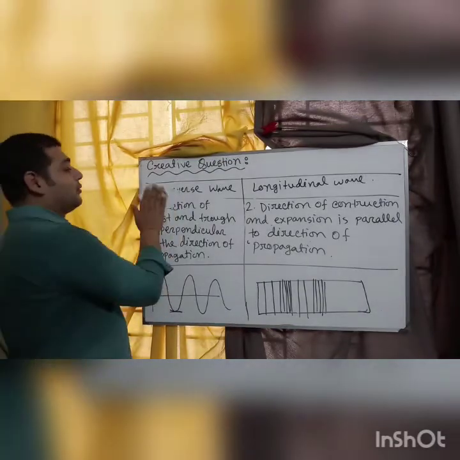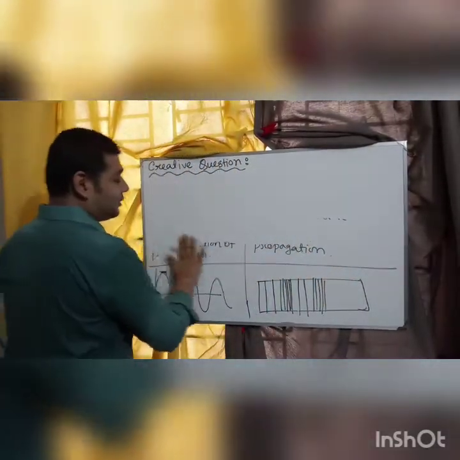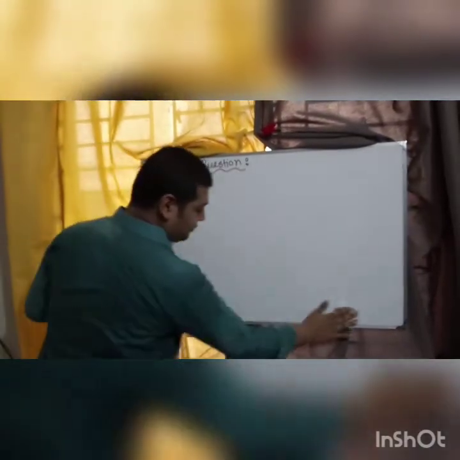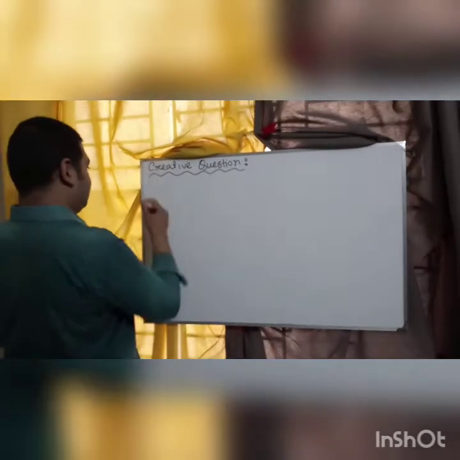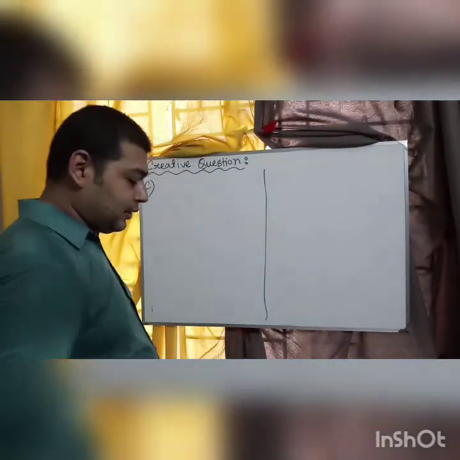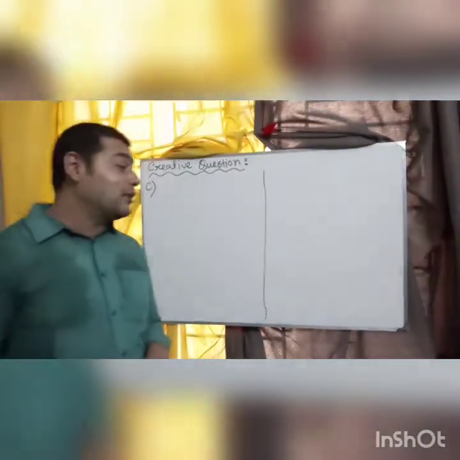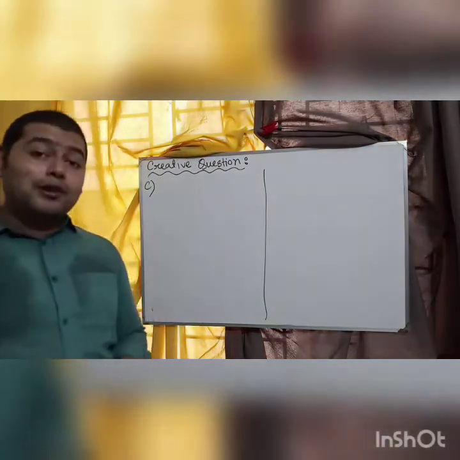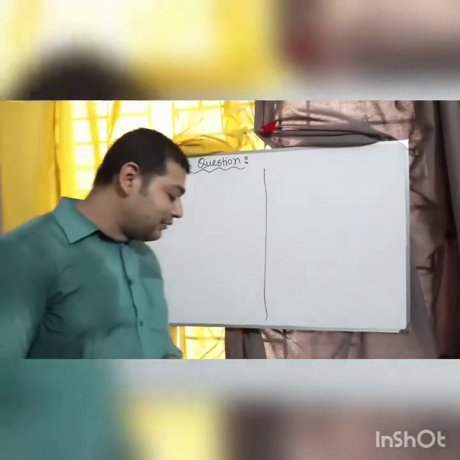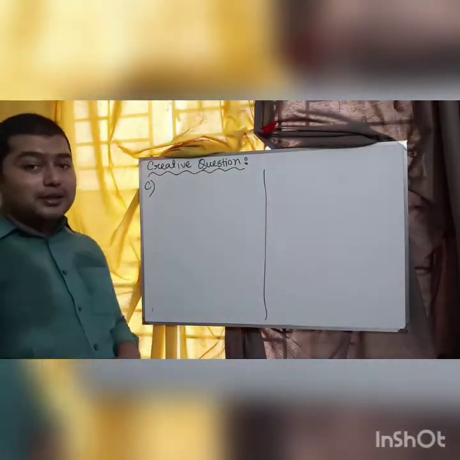Okay, now the answer for question number C. Here we need to determine the temperature of air. Here we have been given the velocity of air is 347 meter per second in our question.